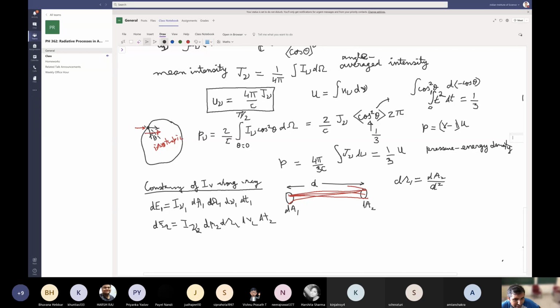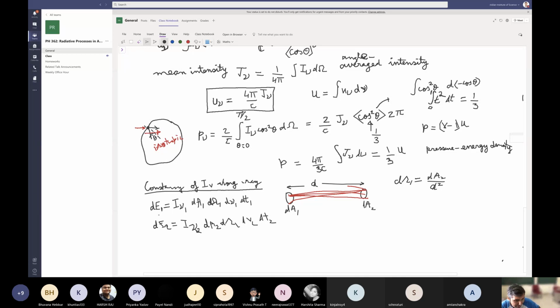So these quantities are equal. The other thing we know is that by energy conservation, whatever energy crosses this area at some time will cross the other area in the same amount of time. So dE1 and dE2 are equal, d nu 1 and d nu 2 are equal, and dt1 and dt2 are equal.